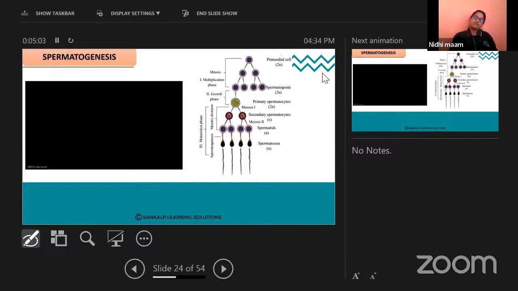Then after this, we will be studying how spermatogenesis is controlled by the hormones. Who will send the signal? Who will control at what time spermatogenesis should happen, all these processes in our body? That is called hormonal control. Spermatogenesis and oogenesis will be controlled by the hormones. So what will be the role of hormones? That is an important 3-mark question. I will explain it with the help of a flow chart in a detailed way.